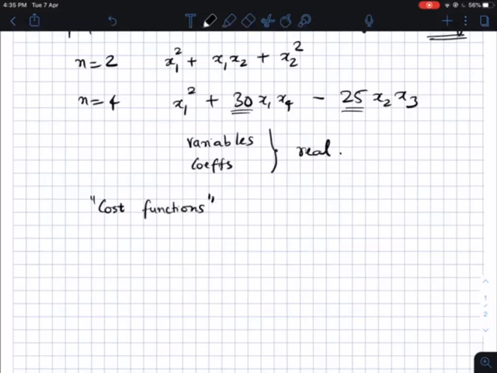So what is a cost function? Often when you're trying to design an engineering system, you're trying to fit the parameters. You're trying to decide what parameters you should pick, and the parameters that you pick must be such that some cost that you incur is minimized. That's what is meant by cost functions.